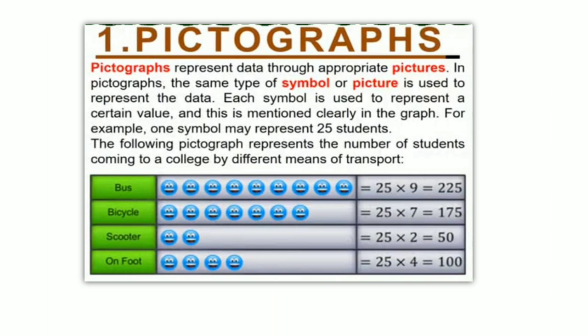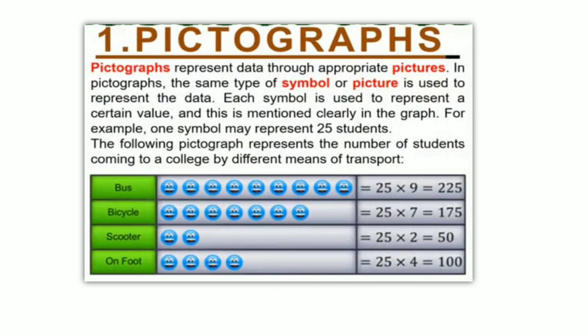Which symbol is used? Yes, a smiley symbol is used. Each symbol represents a certain value, and this is mentioned clearly in the graph. One smiley is equal to 25 students.